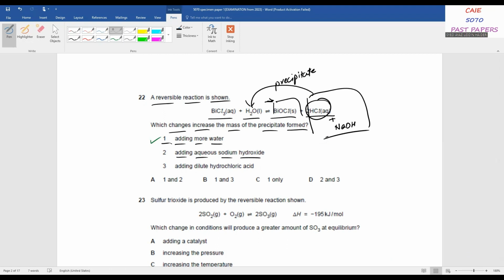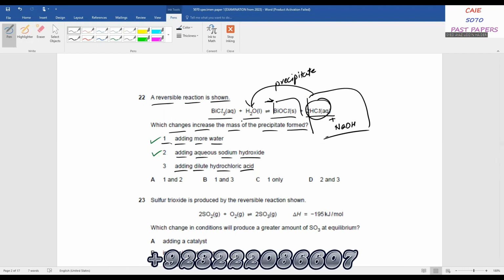So this statement is also correct. Number three, adding dilute hydrochloric acid. Definitely it will shift the equilibrium to the left hand side, which means you will have more BiCl3 and H2O. So both statement 1 and 2 are correct. So the correct answer will be choice A.